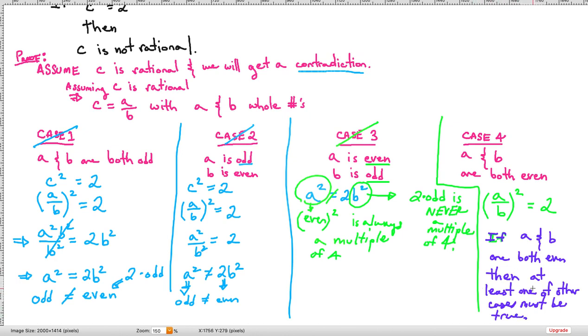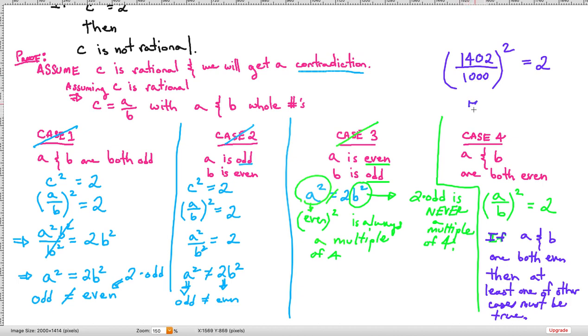Okay? And now, why is this statement true? Let's see why it's true. So if they're both even, A over B, let's say I find it out to being, I don't know, 1402 divided by 1,000. I find out that this number, when squared, gives me 2. Well, I could always reduce this, because the top and bottom are both divisible by 2.